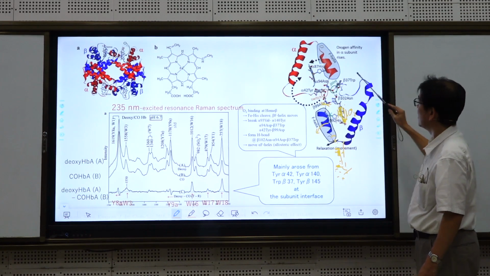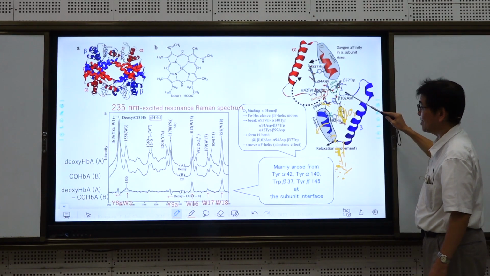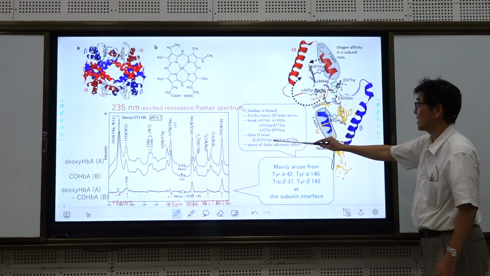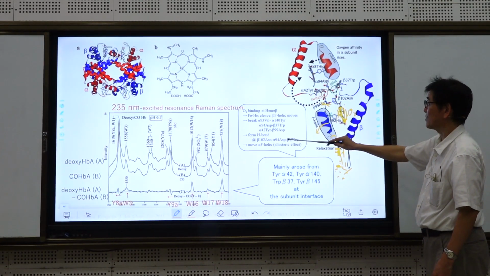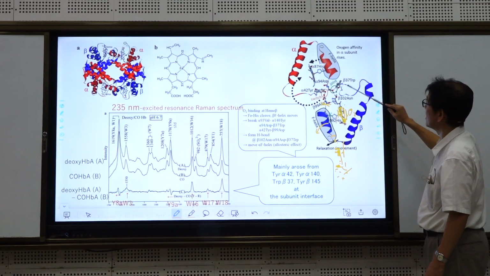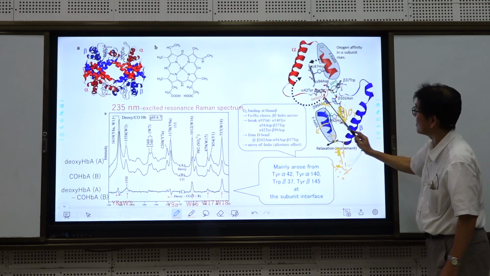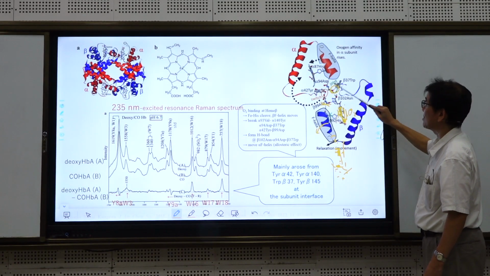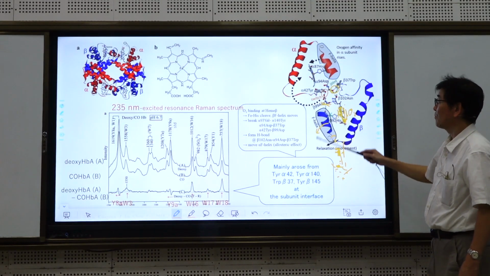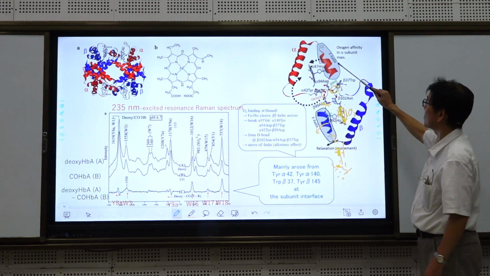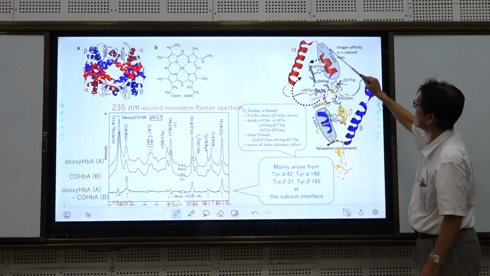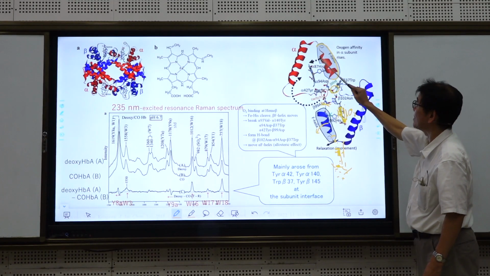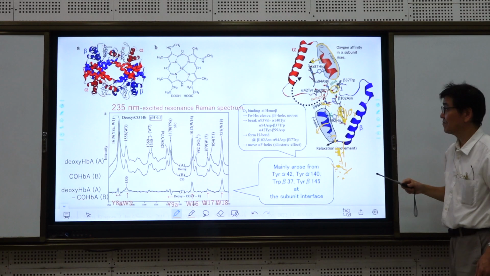Then a hydrogen bond is newly formed between asparagine 102 and asparagine 94, tryptophan 37. So this hydrogen bonding is cut, then this hydrogen bonding is newly formed. Then this drives the helix of the alpha subunit in this direction.